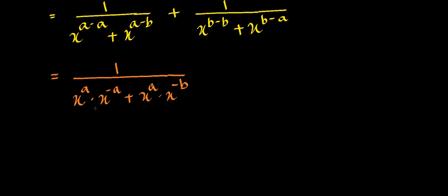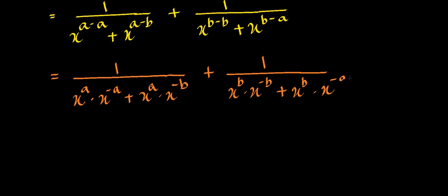See, if you have usually done from this step to this step, from down to up you go, that a minus a is common, तो हम सिर्फ कहते हैं okay fine x raised to a minus a. But here we are doing the other way round. Now that is equal to plus 1 upon x raised to b into x raised to minus b plus x raised to b into x raised to minus a.